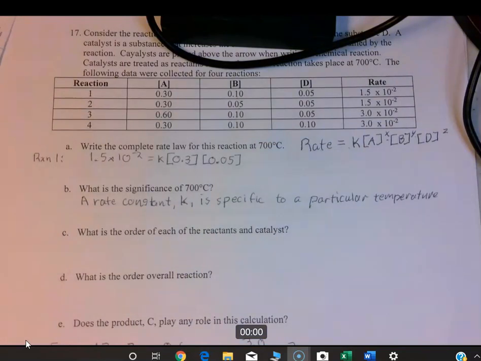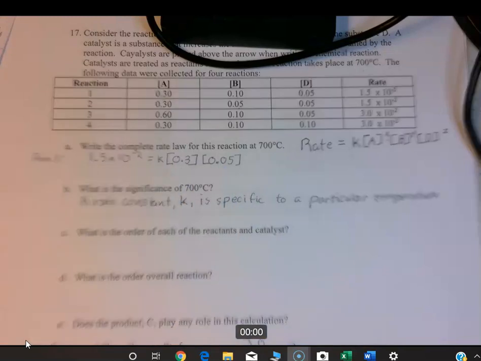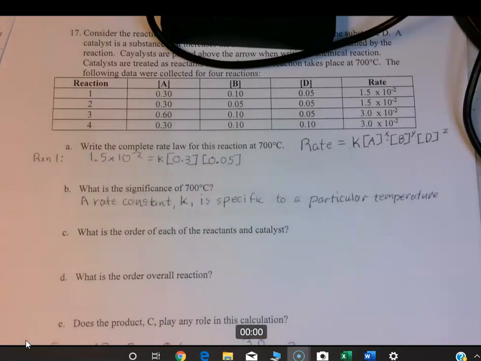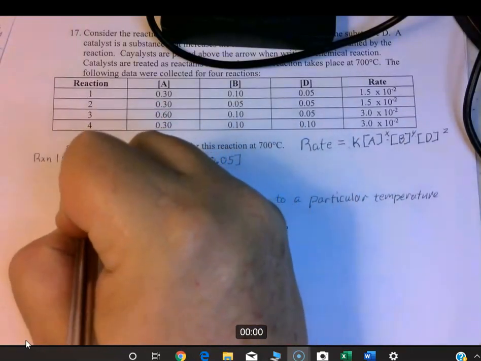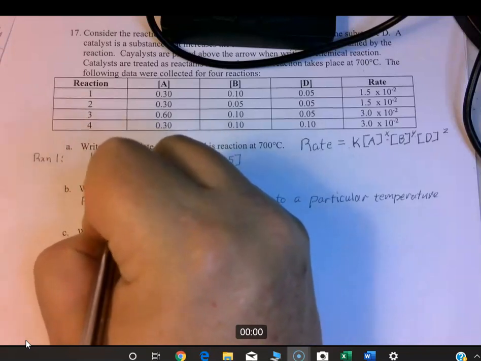And that's the concentration of D in reaction 1. So all we do is divide this by these two numbers, and that'll give us K. So we'll go ahead and do that. 1.5 divided by 0.3 divided by 0.05 gives us 100 times 10 to the minus 2.